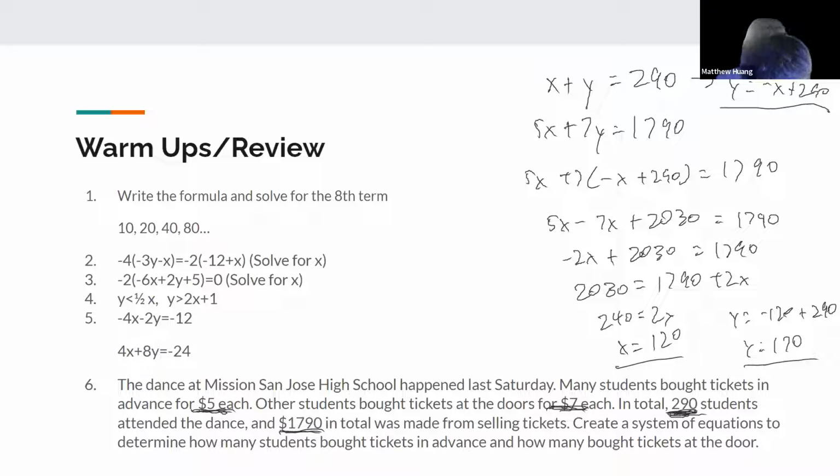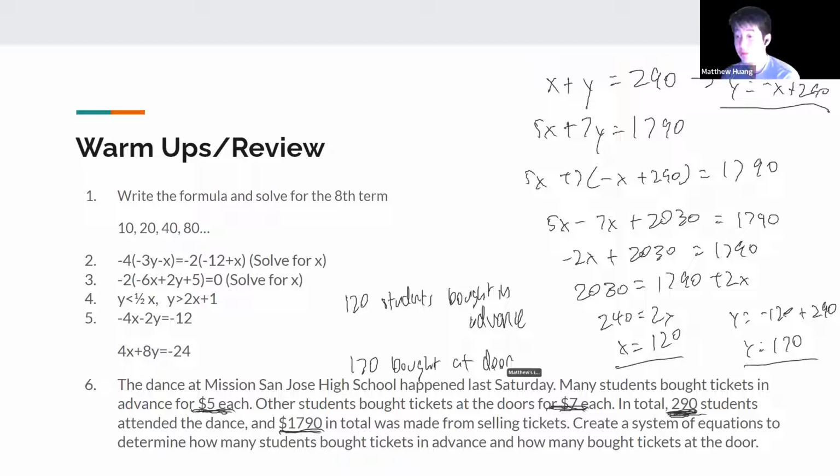So for x, it'd be 120 students bought tickets in advance, and then 170 bought at the door. So that's this problem. Are there any questions?